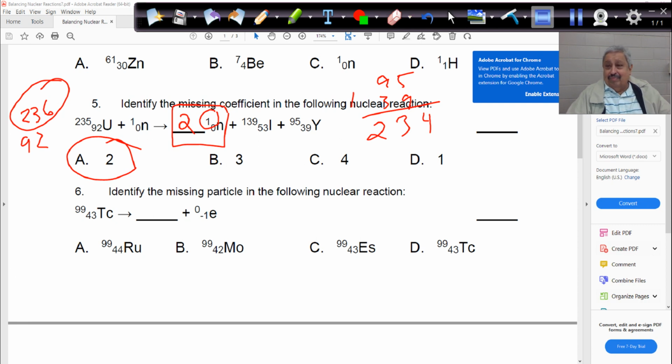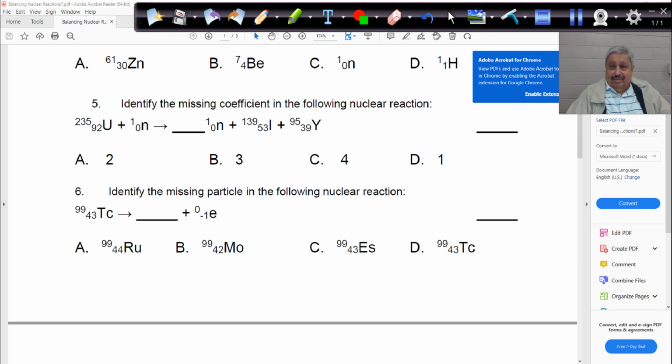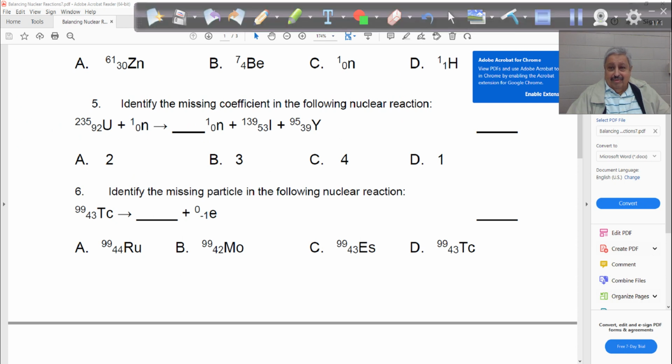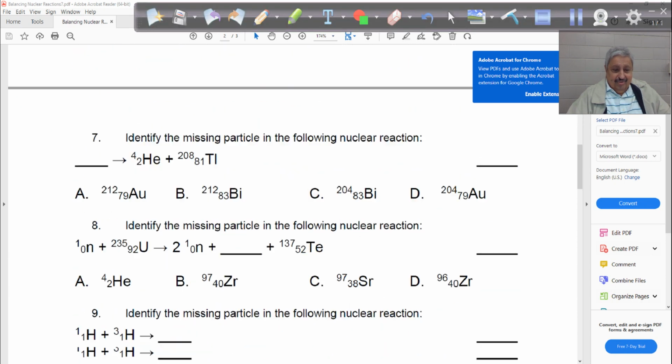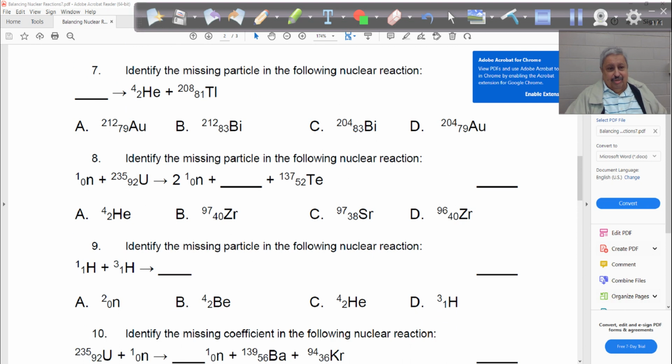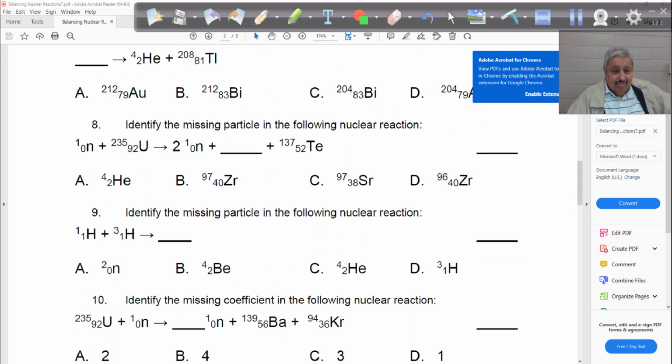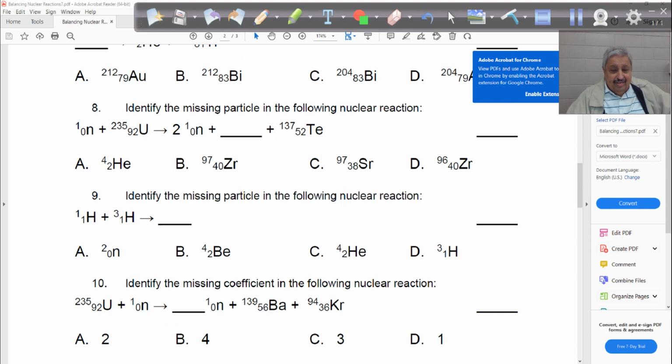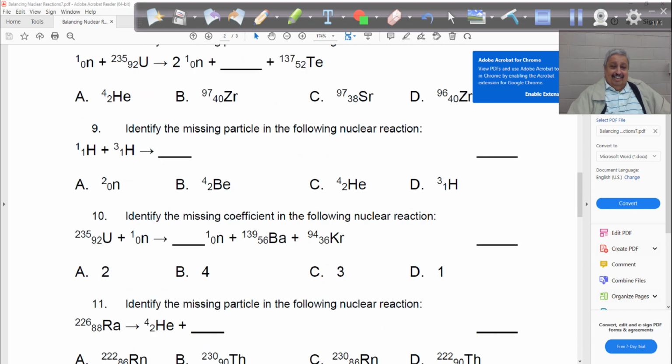Let's take another one. Which one do you like? Where is the hardest one? Well, I don't know which one. How about 10? Let's do 10. I like 10. We did something similar to that just a couple of minutes ago, correct? 10 is good.